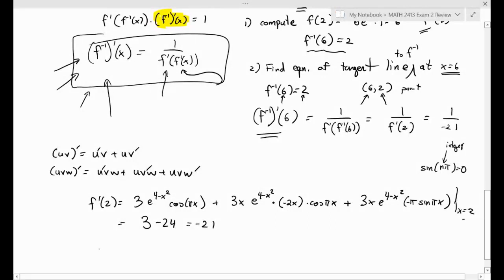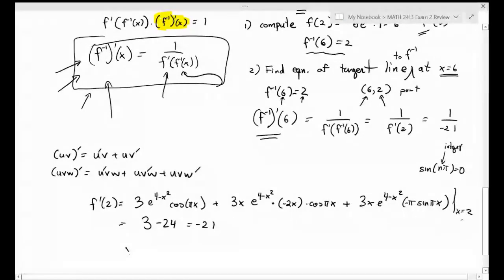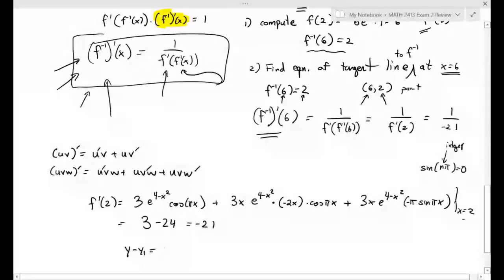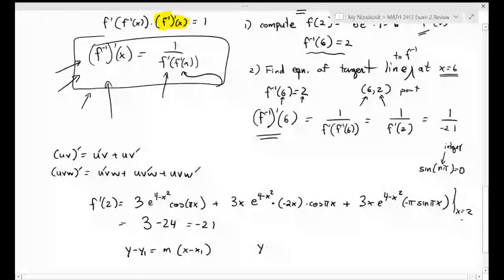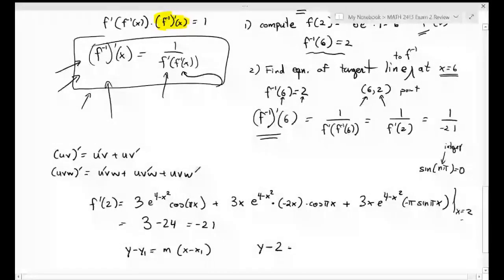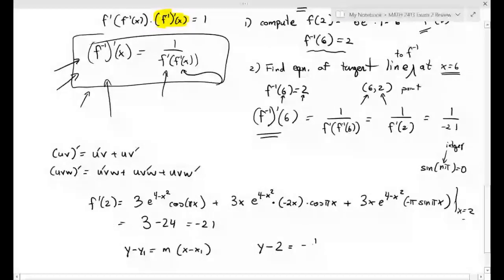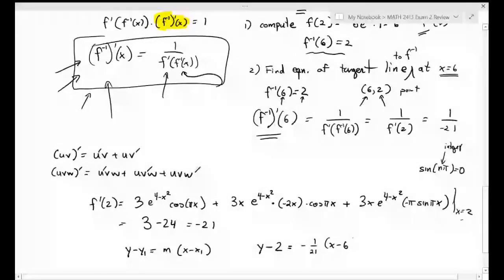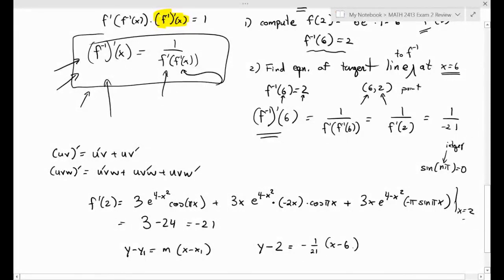Okay, all right. So there we go. Do we have a point and do we have a slope? We indeed do. So what was the y value? 2. And the slope is negative 1 over 21, and then the x value is 6. And you can rewrite that if you wish.